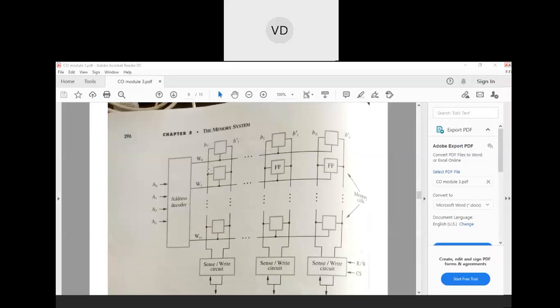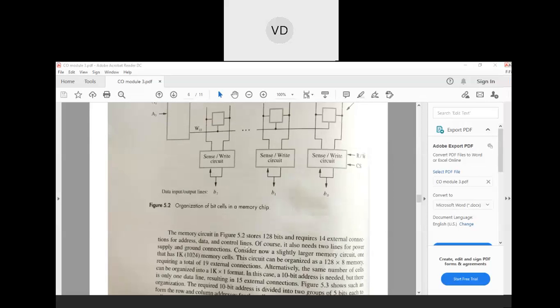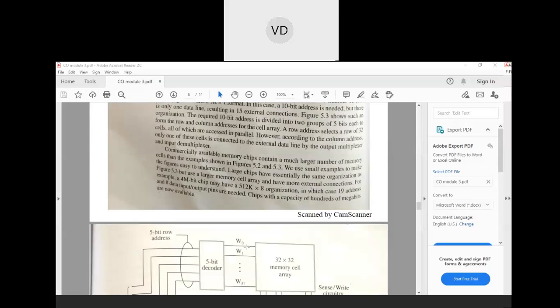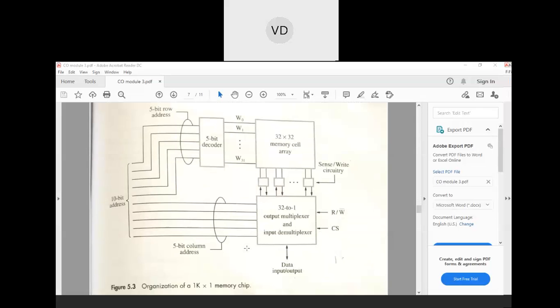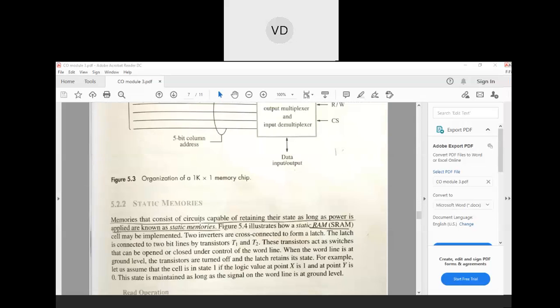Then we saw how to select each row and column using the sense and write circuit, and how the output is displayed on the input and output data lines from B0 to B7. This organization is 16 into 8. Like this, we can have a larger scale, such as 32 into 32.